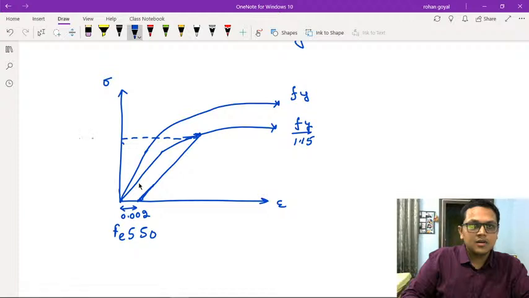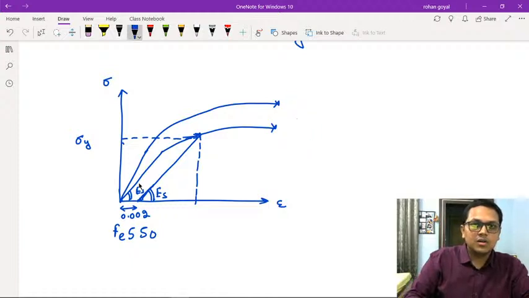So this is sigma y, the yield strength of the steel, and the strain, and this is the Young's modulus of steel, Es. So how much will this value be? Fy is the yield strength, so sigma y will be equal to fy upon 1.15, the yield strength of the steel without factor of safety divided by 1.15, the factor of safety.